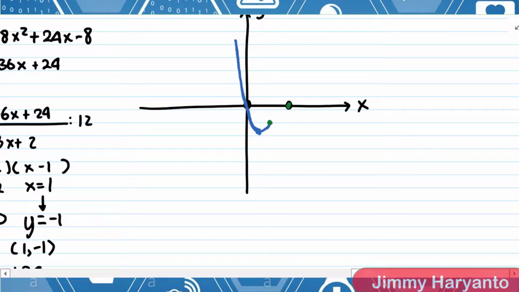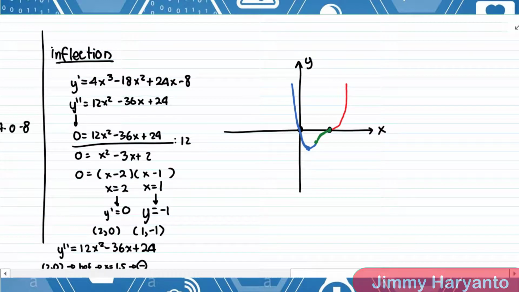Which was concave up, now the concavity will change into concave down. Concave down is right here until it touches the second inflection point. After it touches the second inflection point, the concavity will change again into concave up. So it looks like that. So this is the sketch.